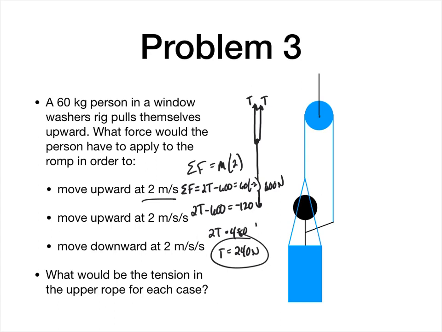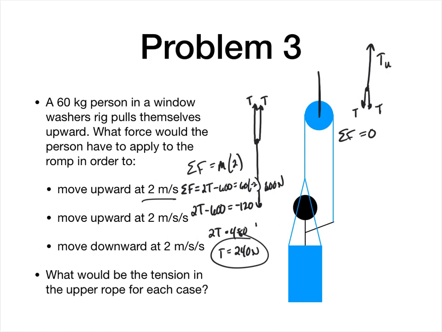What would be the tension in the upper rope for each case? That's talking about this rope. Alright, so there's 3 ropes. There's the tension upwards in that rope, and there's 2 tensions downwards, T and T. This is, we'll say, T upper rope. Does the pulley thing ever go anywhere? No. So the net force on the pulley is always 0.